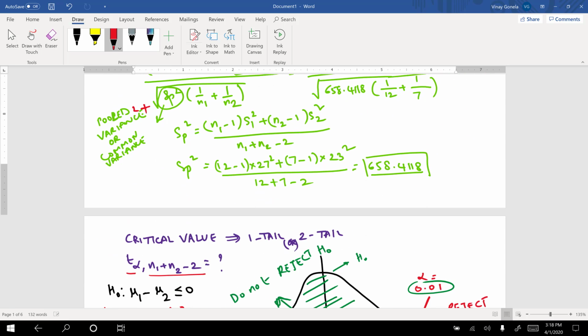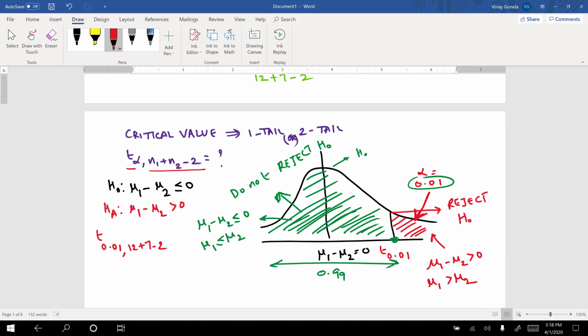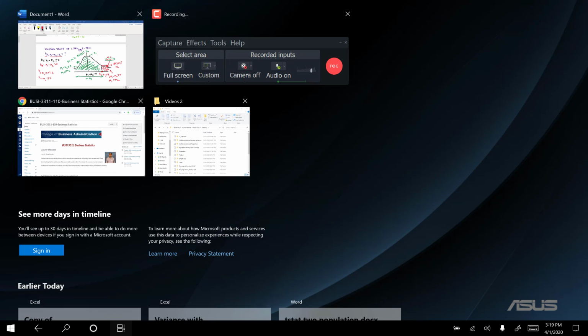So this is 12 plus 7 minus 2, and 19 minus 2 is 17. Whatever value we get for T 0.01 with 17 degrees of freedom from the T table will be this point. So we go to our T table and look for T 0.01 and 17.